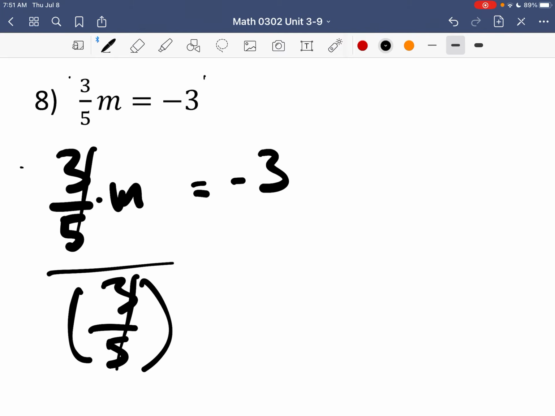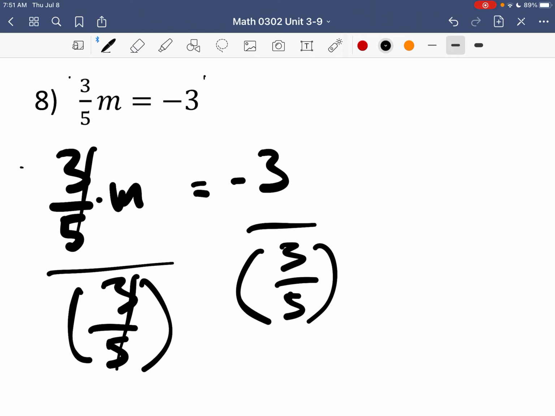This ensures that we can get the variable m by itself. On the right-hand side, we'll also divide the number minus 3 by 3/5, because whenever we're using the division property of equality, whatever we do on the left-hand side of the equation, we must do on the right-hand side.